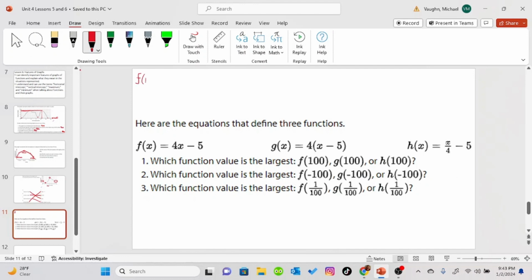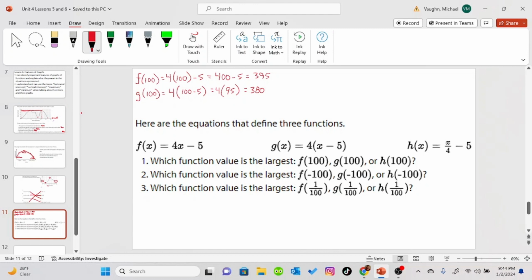So f of 100 equals 4 times 100 minus 5, which equals 400 minus 5, which equals 395. g of 100 equals 4 times (100 minus 5), which equals 4 times 95, which equals 380.